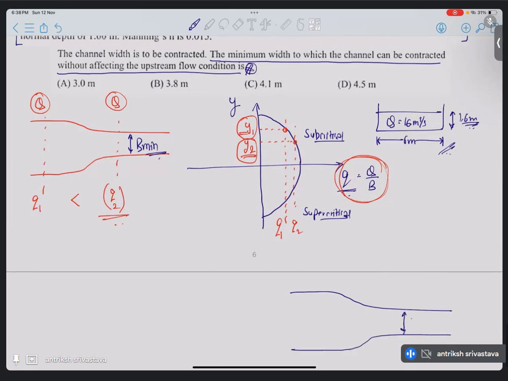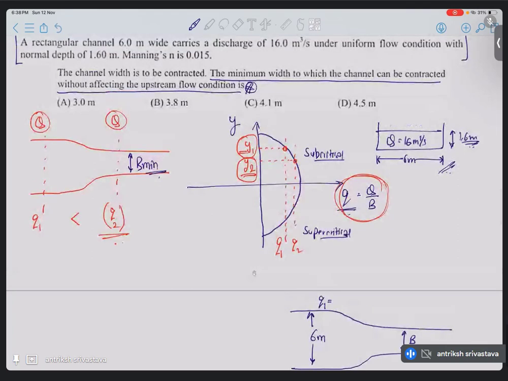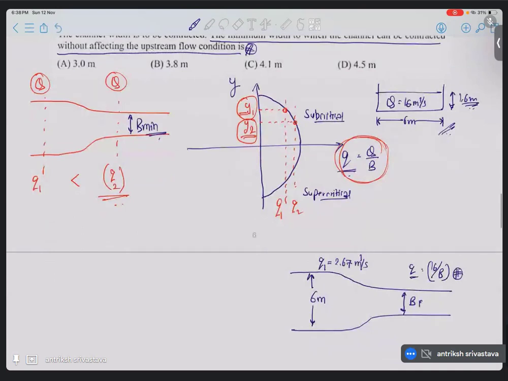Let's give this downstream width the value B. So the small q here, that is flow per unit width, is going to be 16 by 6, that is 2.67 meter cube per second. And this q is 16 by B. Now B is, in this case, B minimum.